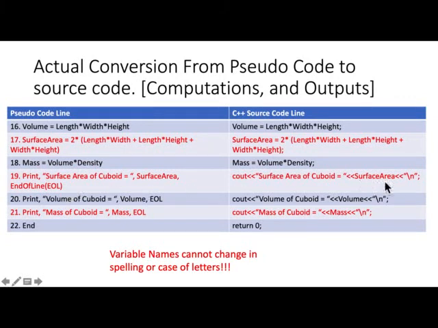End of line is \n in quotes, ending with the semicolon. And we have done the same thing for the next two print statements. Ending with just return 0, and we'll show you how this code in the right column is placed inside a main function, executed and run.